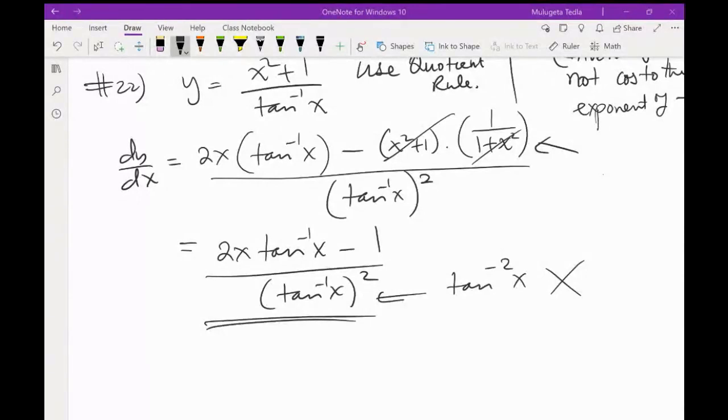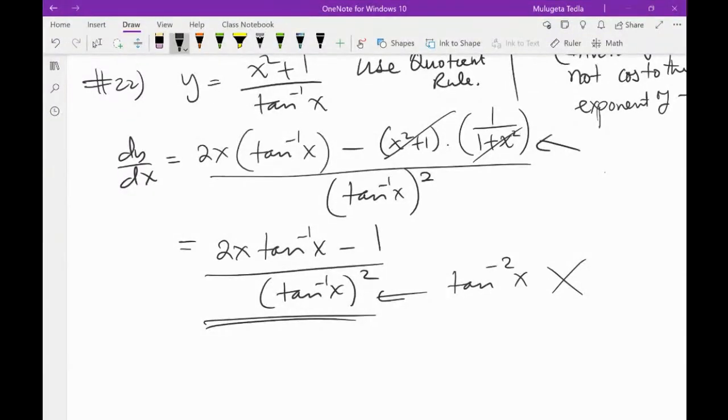By coincidence, if this was not 1, then you would have had a over b minus c over d. You would have this situation, and then you know that this is ad minus bc over... You would have applied that because there is a fraction here limited to the numerator and then divided by a denominator.